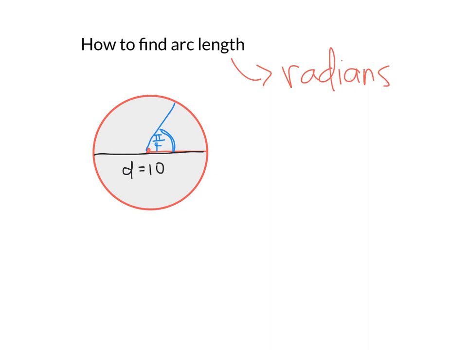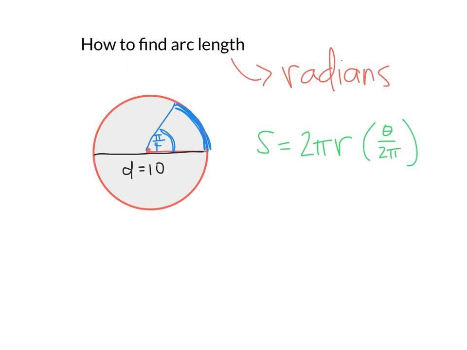All right, so if this is our problem, we're going to start off using the same idea. S equals, if we want the arc length, that's on the outside, that's like our pizza crust. And so in order to find that, we start off with 2 pi r, which is their circumference, and then times theta over 2 pi.